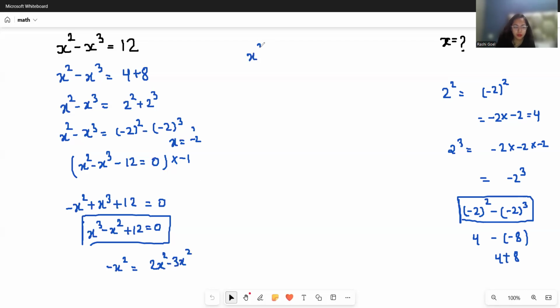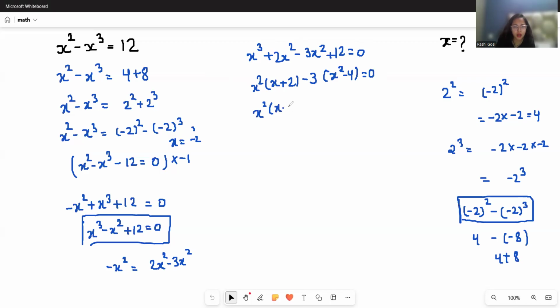So x cube plus 2x square minus 3x square plus 12 is equals to 0. Now from the first two terms, if I take x square as common, x plus 2, and if I take negative 3 as common, x square minus 4 is equals to 0.